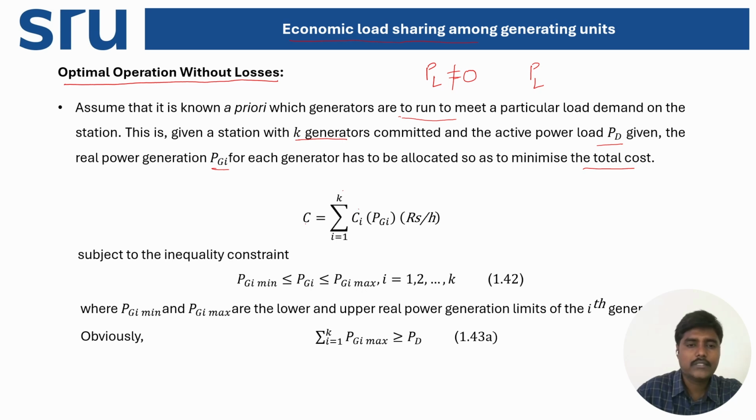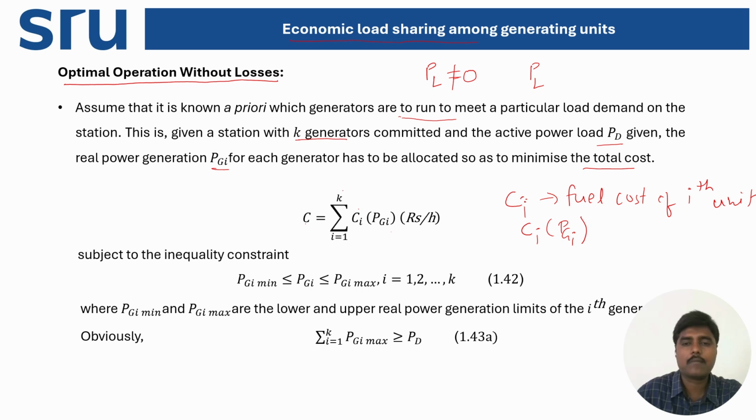Here Ci represents the fuel cost of the ith unit. Obviously this Ci is a function of PGi. That means if you want to generate more power output, then obviously you have to spend more money. You have to give more fuel.